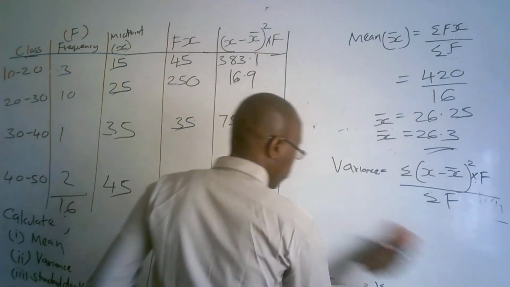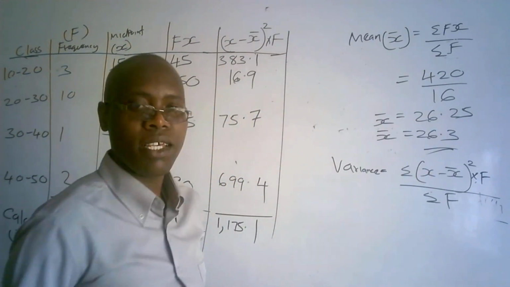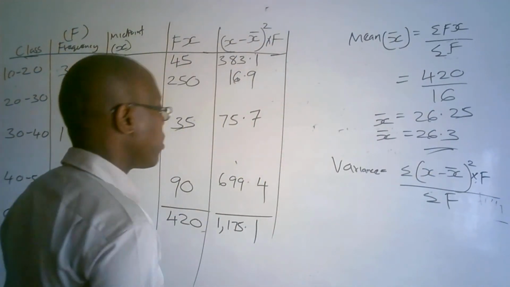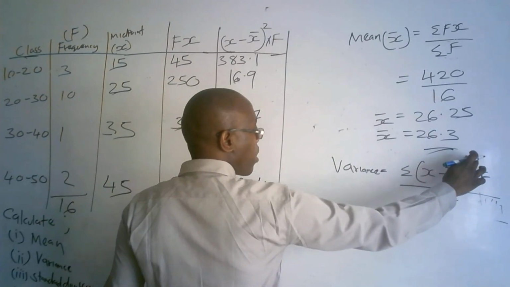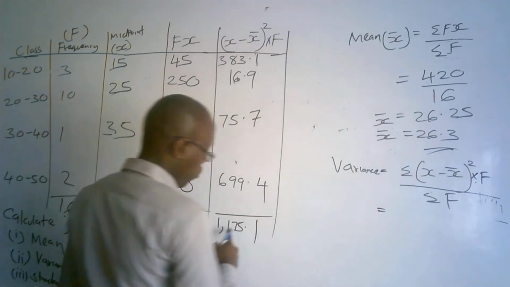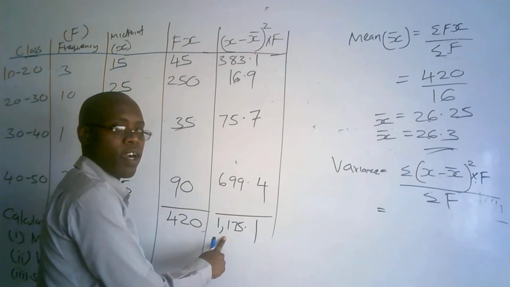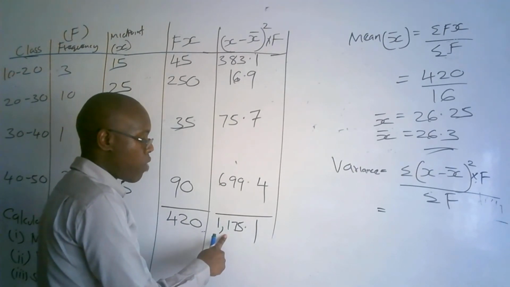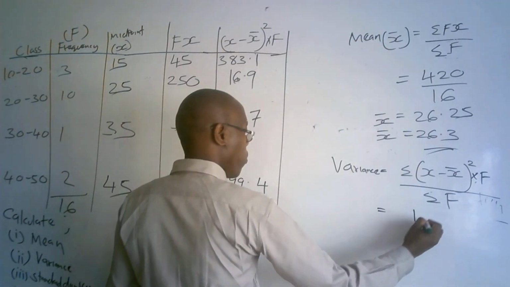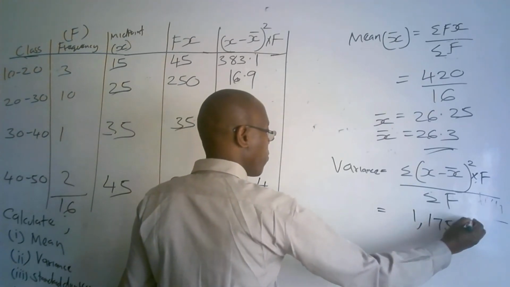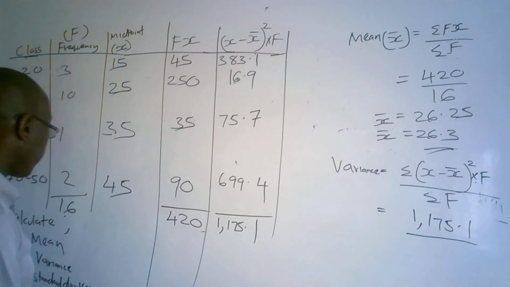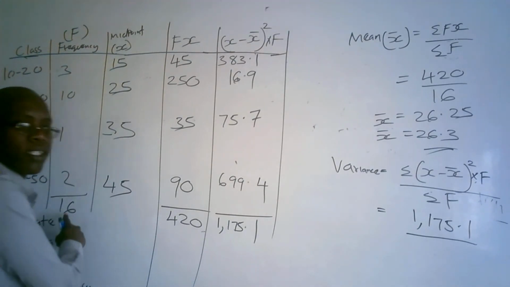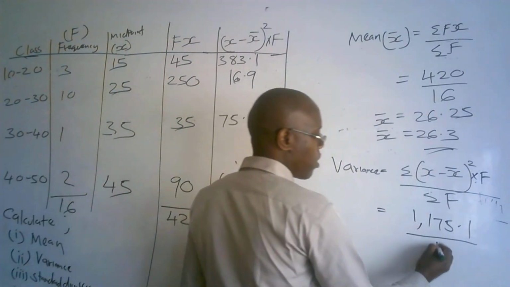So my variance is going to be the summation of x minus x bar squared multiplied by f, which is actually this answer that we have arrived at, 1,175.1, divided by the summation of f, which is actually 16.